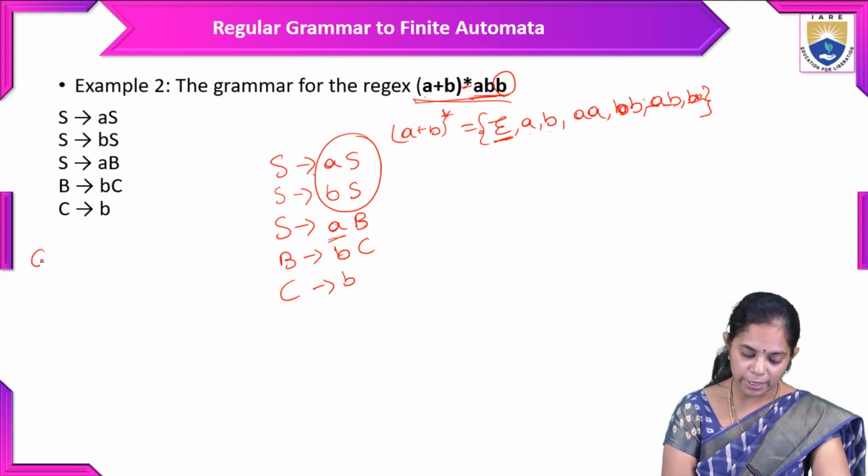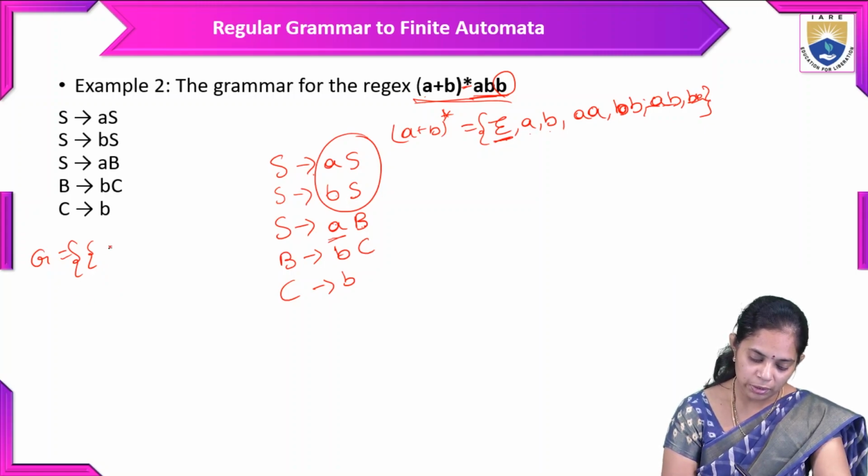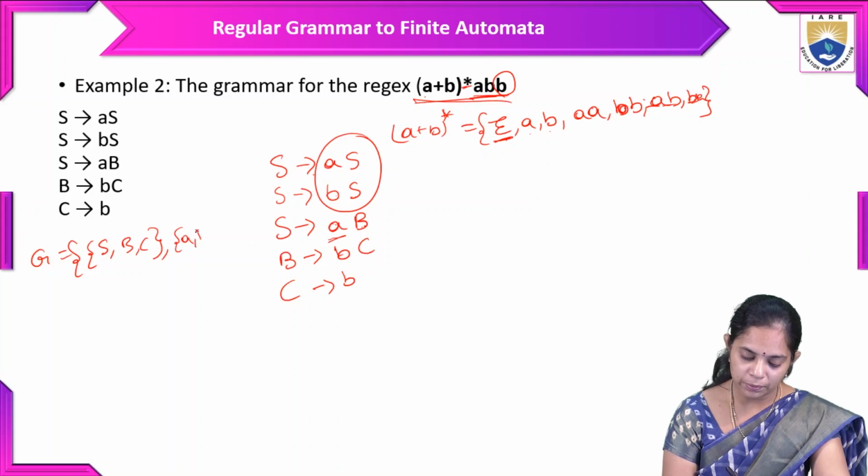And now we will write the grammar first, then write the transition functions. So here V is nothing but S comma B comma C, and terminals are A comma B, and S is the starting symbol and P is the production rules.